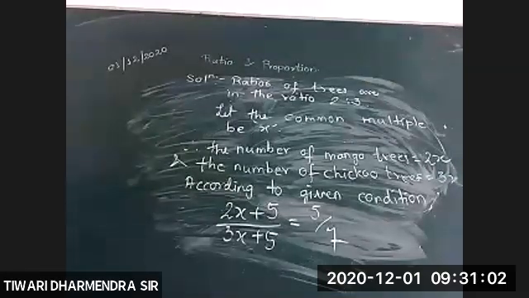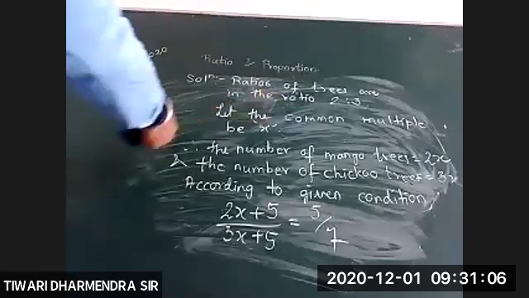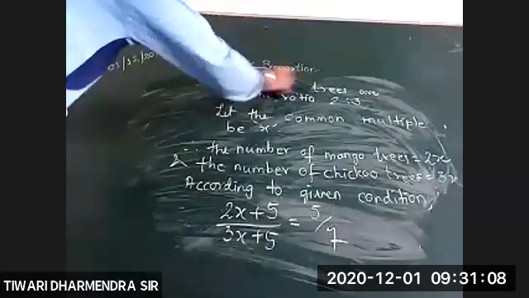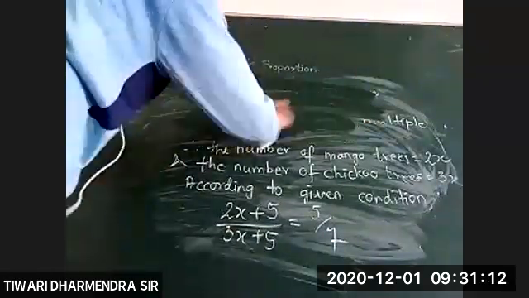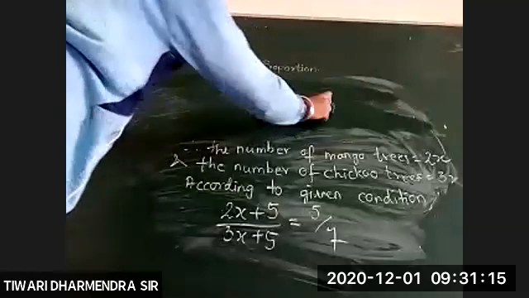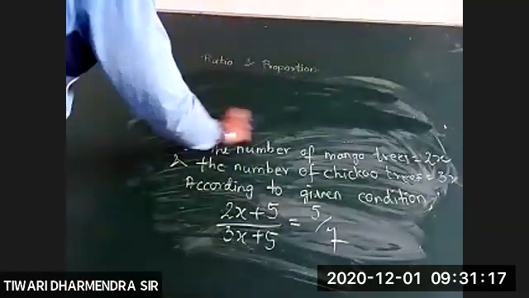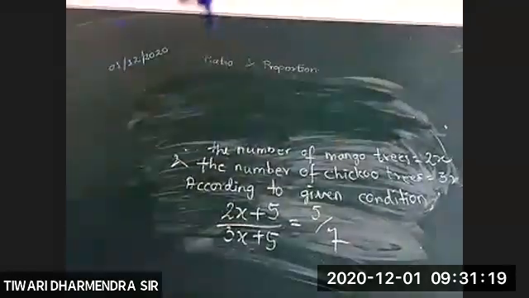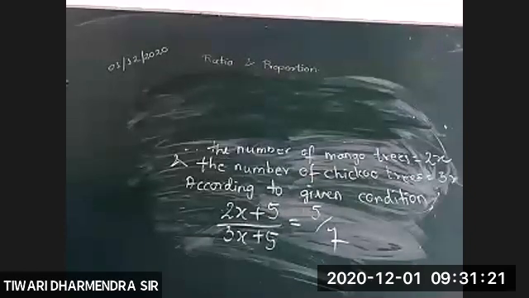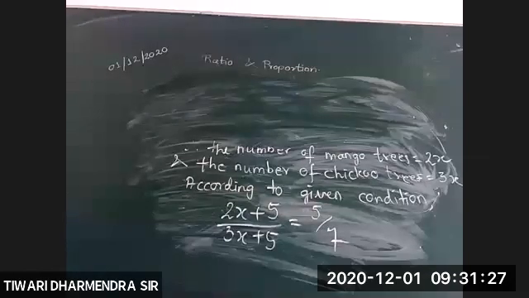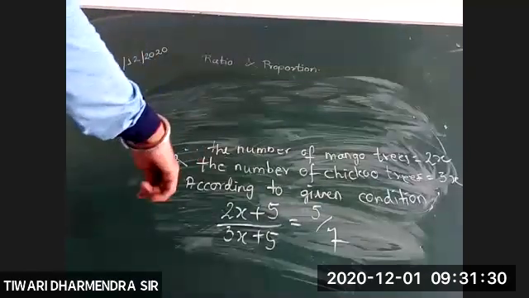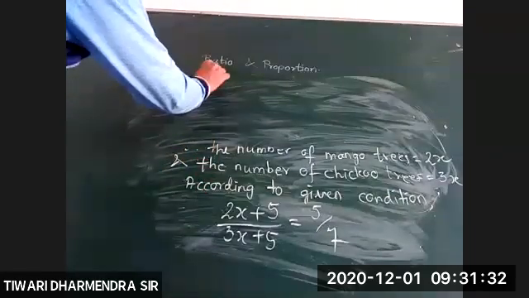Now we will solve this to get the value of x, so that we can get the exact value, because our intention is to find the exact number of mango trees and chiku trees. Now, how to solve this?